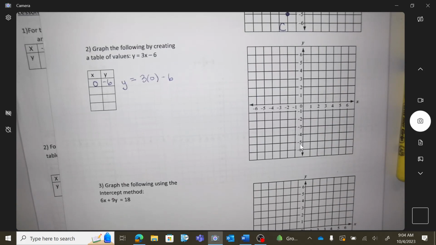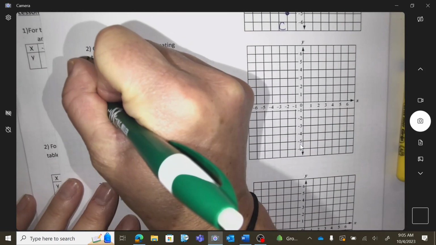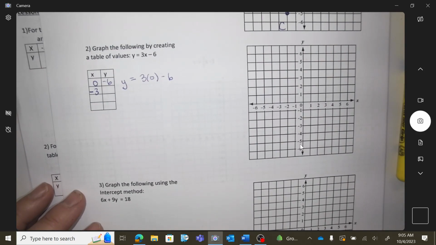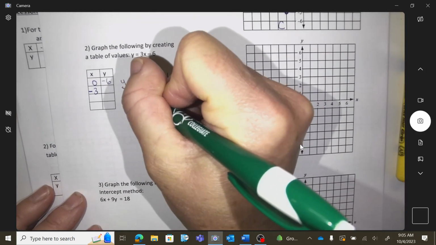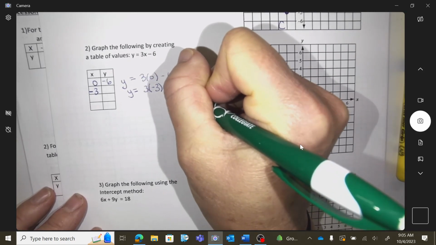And then you can just make anything else for X. So I'm going to pick something negative. So I'm going to go negative 3. Y equals 3 times negative 3 minus 6.